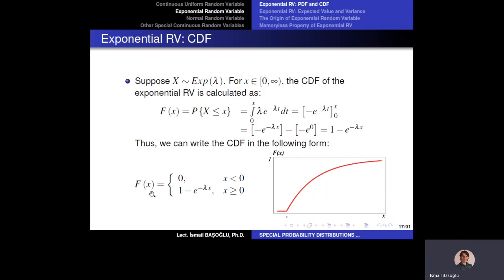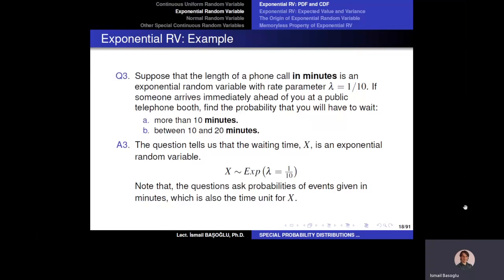So this function gives us the probability of the random variable being less than or equal to, or simply less than x, because for continuous random variables, strict inequalities and inequalities basically mean the same thing as probability. So let's solve a question about exponential random variable now.